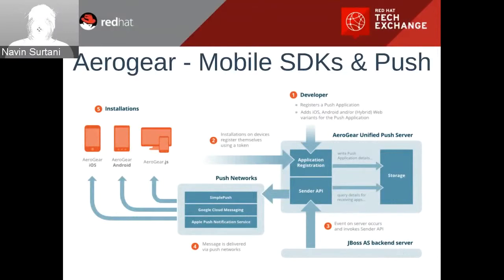Your AS backend server is still your regular Java EE app server where you do the majority of your actual work, your data processing, your persistence, your security checks and things like that. That still all happens there. Your unified push server is basically just holding information on which push networks it's going to talk to for a given application.